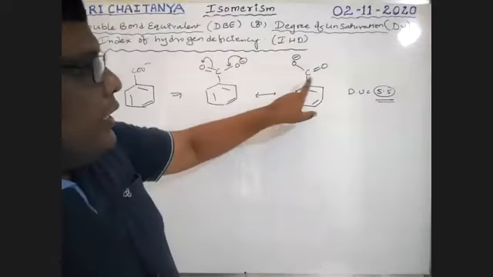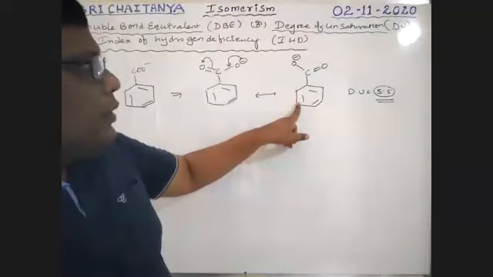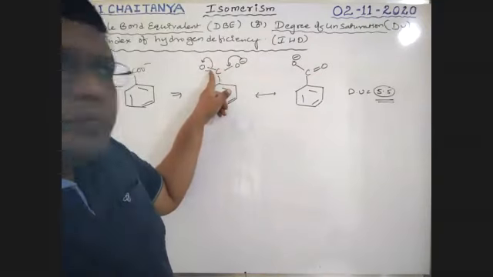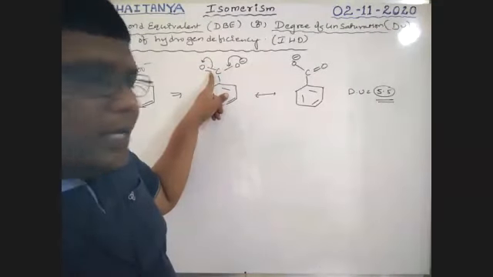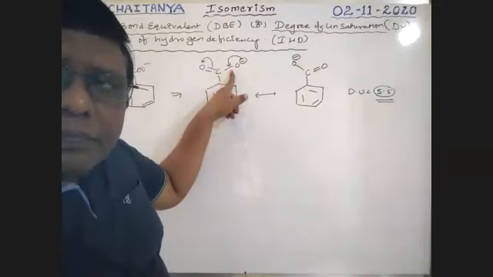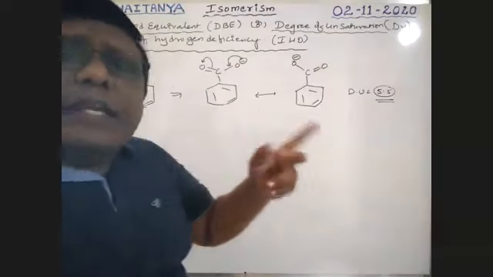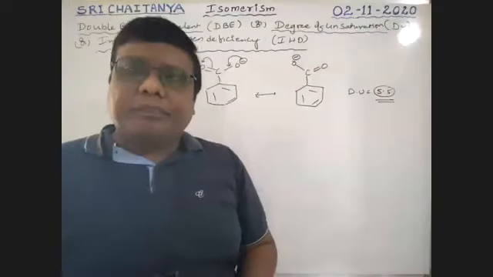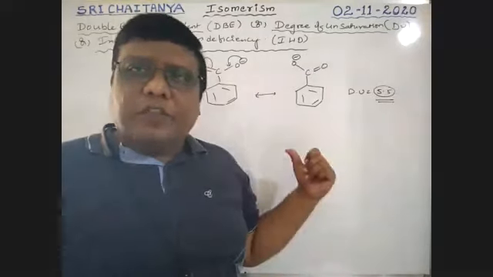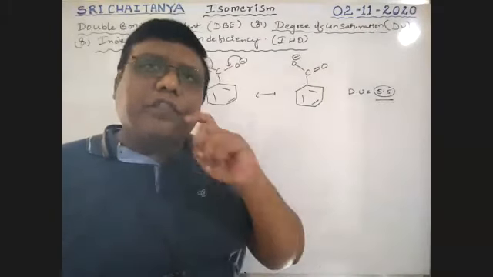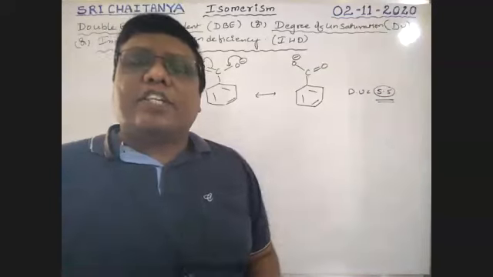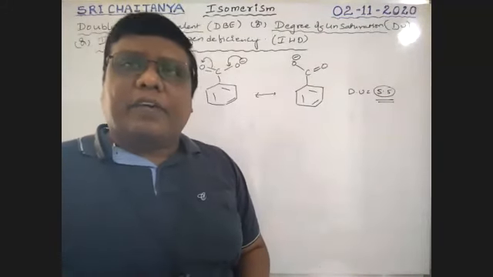See here. It is 4 up to now. It is 5, it is 6. That means here pi bond is available, here pi bond is available. But these 2 are taken as 1.5 bond order. So 4 plus 1.5 is equal to 5.5. Therefore, degree of unsaturation in this case is 5.5.